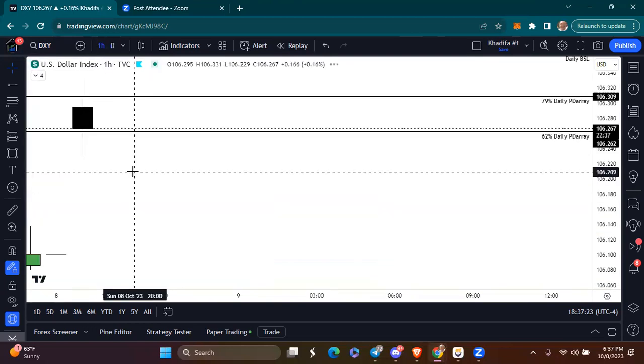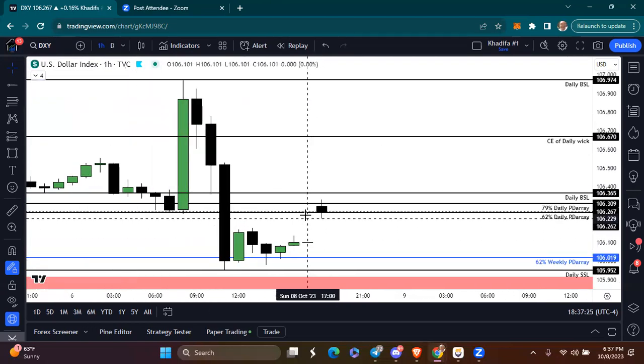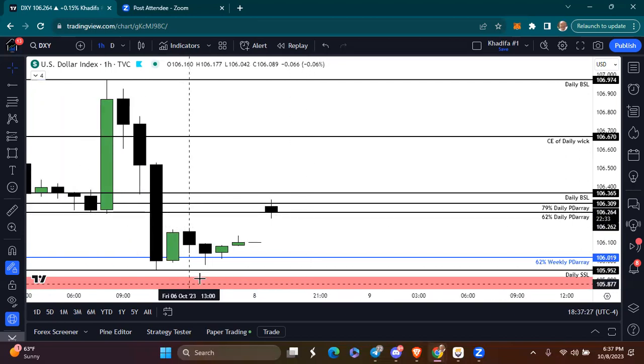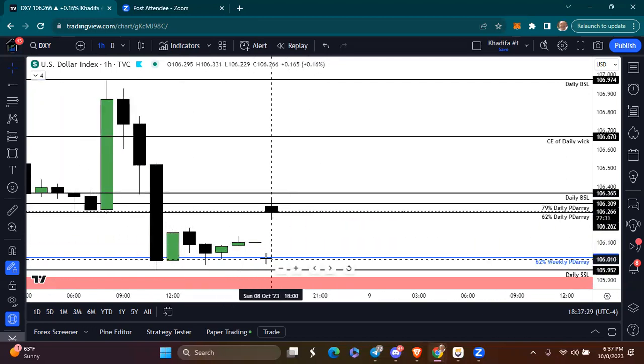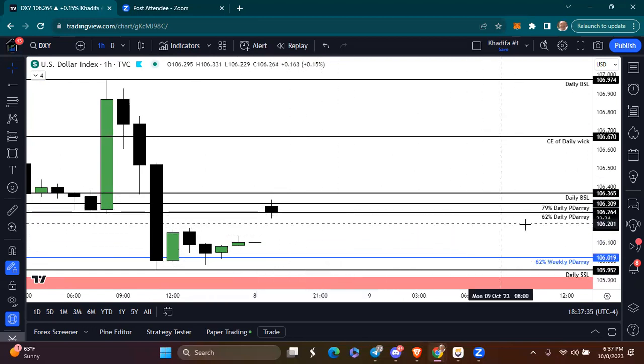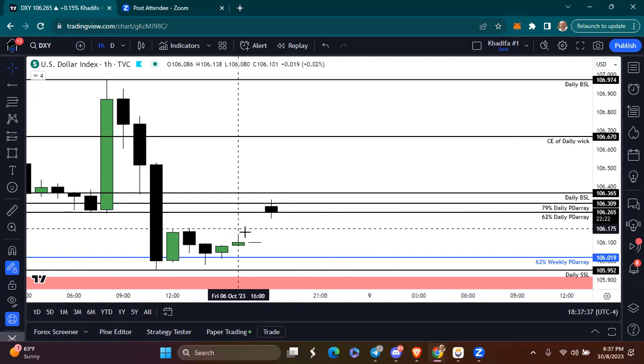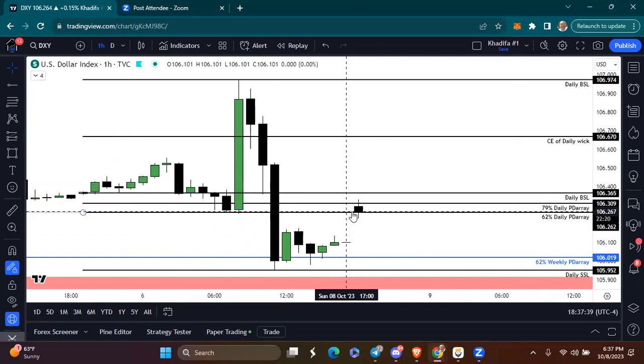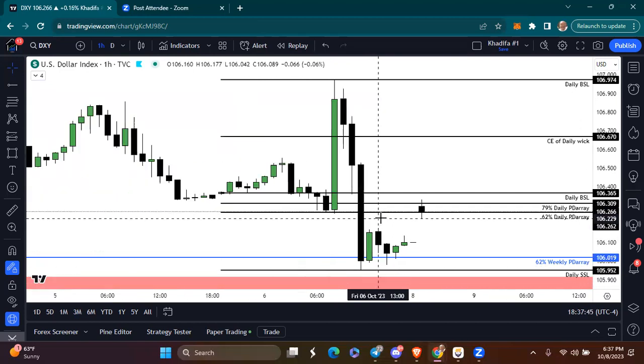Now, let's go down to the hour. See how we open up with the gap to the upside right here, right? At 6 o'clock, open up, gap to the upside. We came up into that 62 and 79% PD array levels, right? I want to see if price starts to show aggressiveness to the downside, right?